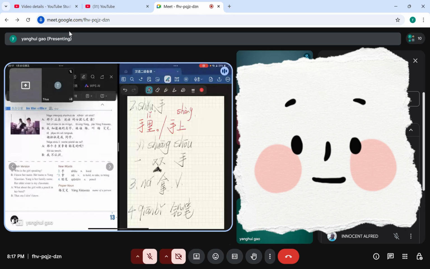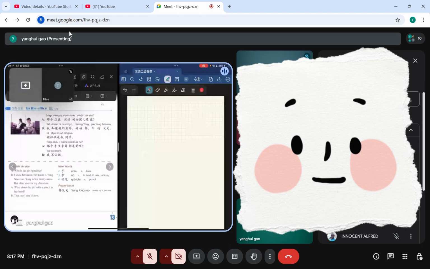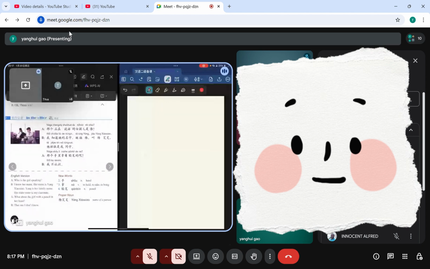Okay, so text 2 also takes place in the office, 在办公室.